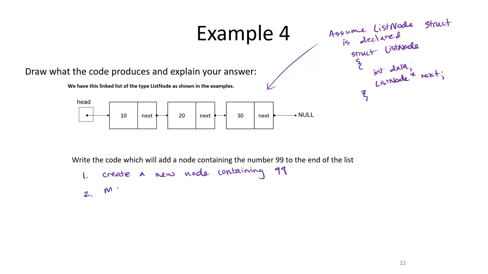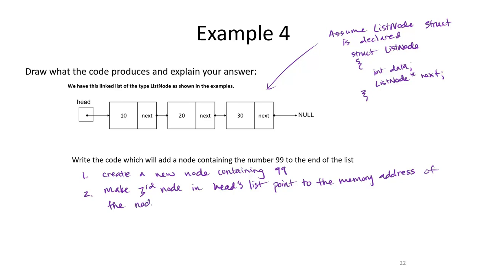Then we need to make the third node in head's list point to the memory address of the node containing 99.